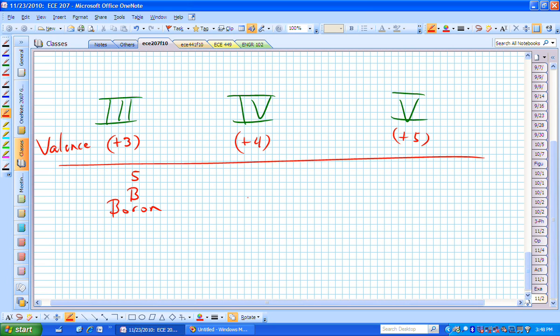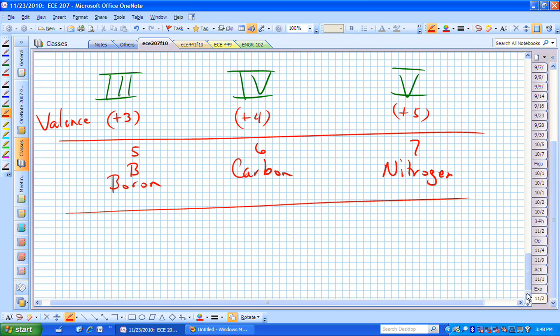We have carbon, 6, and we have nitrogen, 7. Then if we go a row below that, we have aluminum, we have silicon, and we have phosphorus.